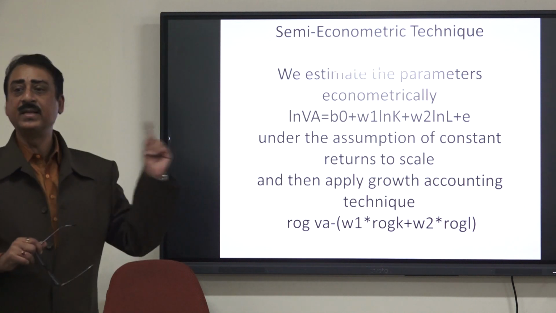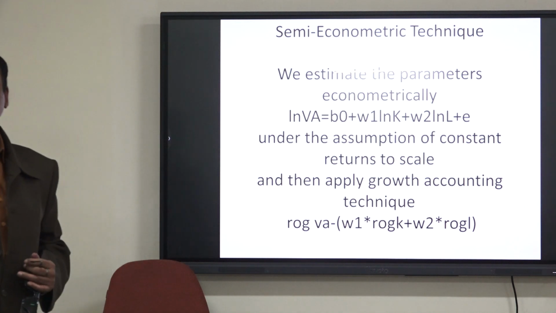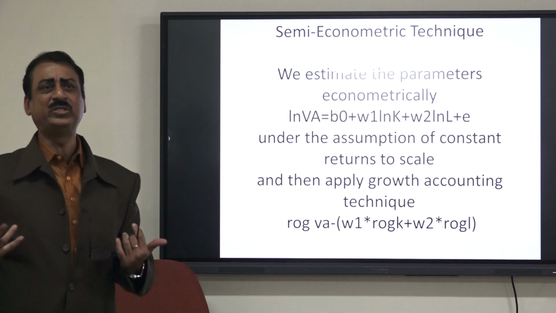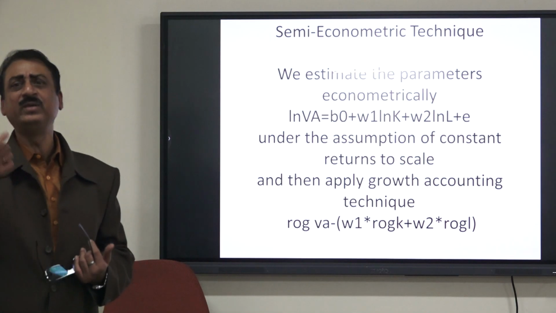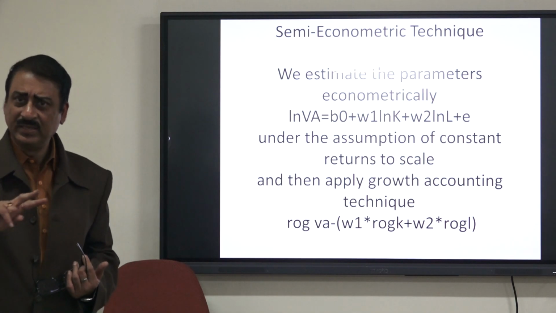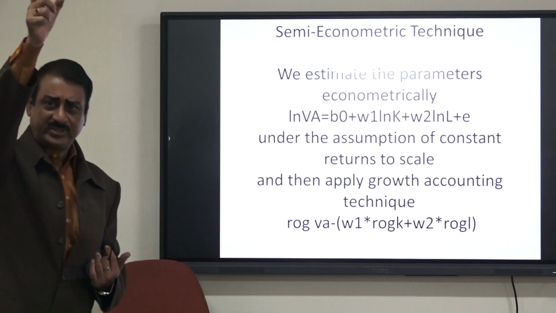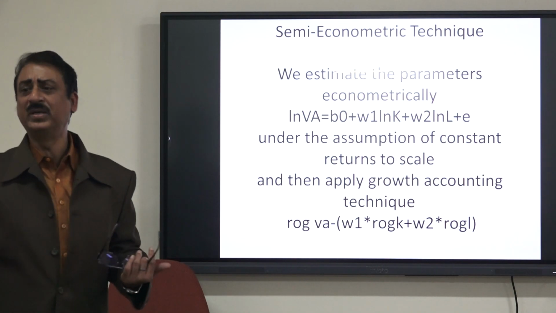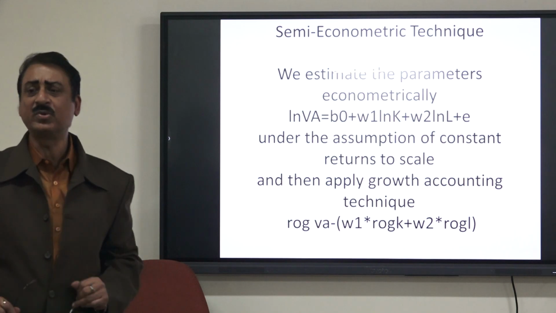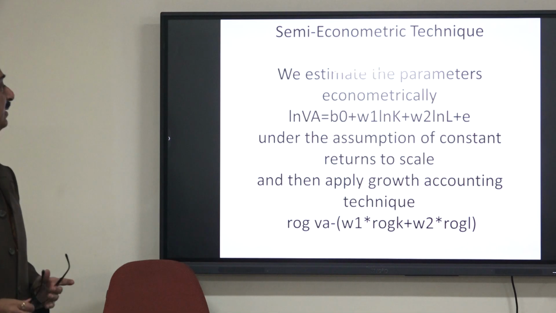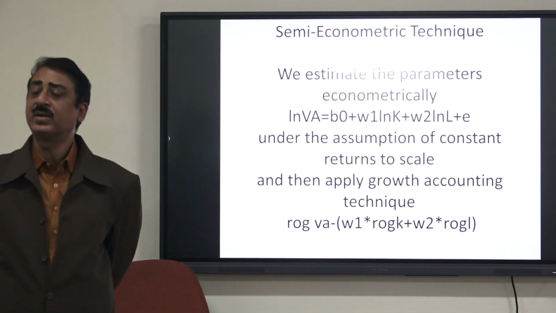So there is another important technique, because W1 and W2 calculation is a little difficult: which specific share would you consider, the share in the base year, or the share in the terminal year, or the share of the averages? Since there is some confusion, people say you follow the semi-econometric technique. In the semi-econometric technique, what happens?